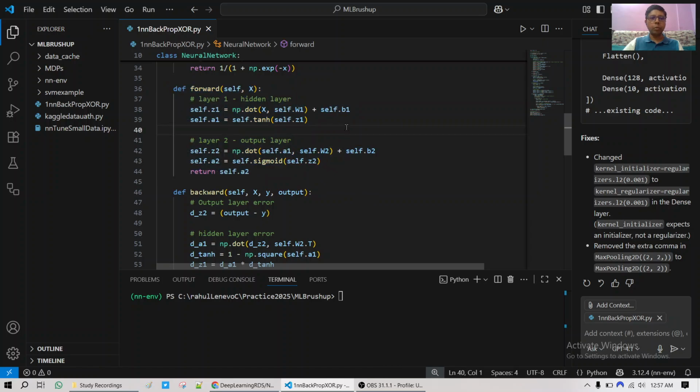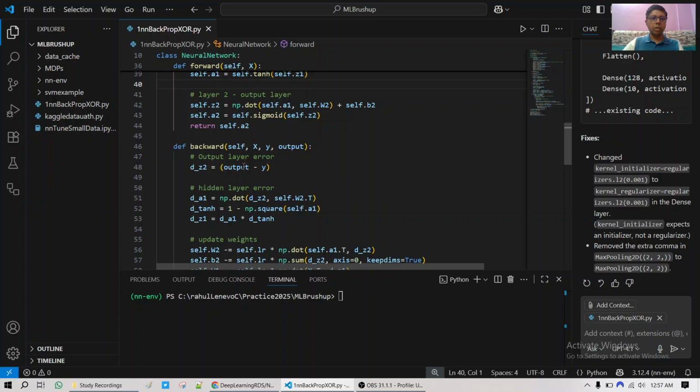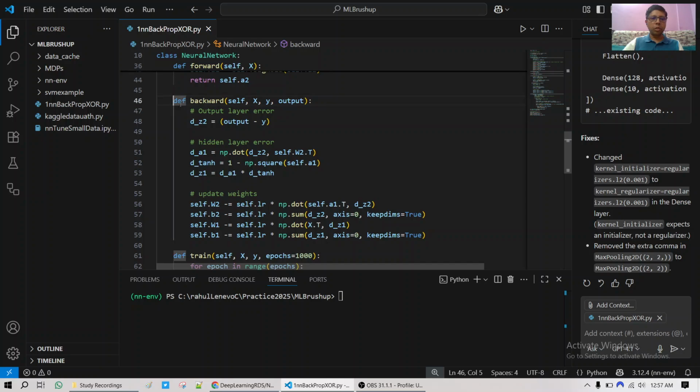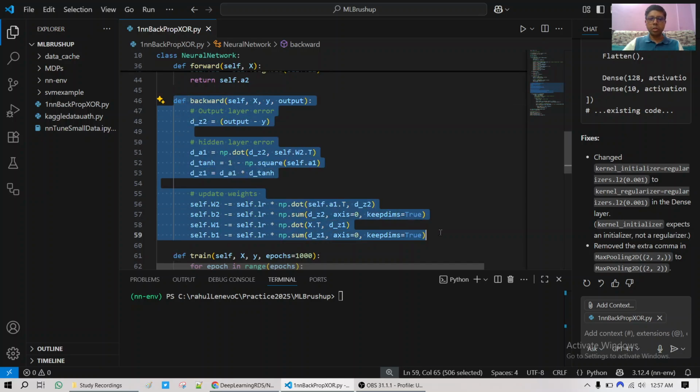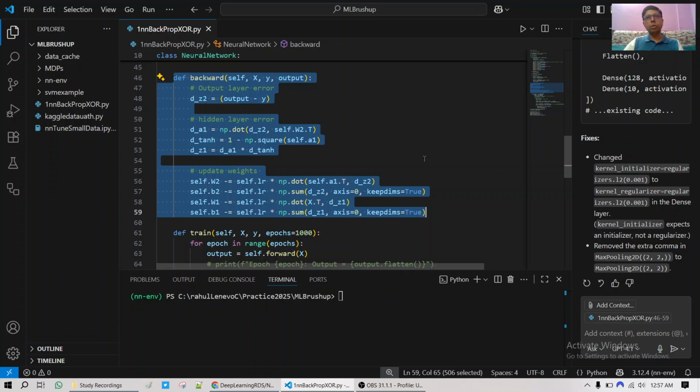And in the forward propagation, what is happening? I'm just explaining the structure of the neural network. This function defines the backward propagation. So what is backward propagation? You know that in forward propagation, we provide input, we get some probability of the output.